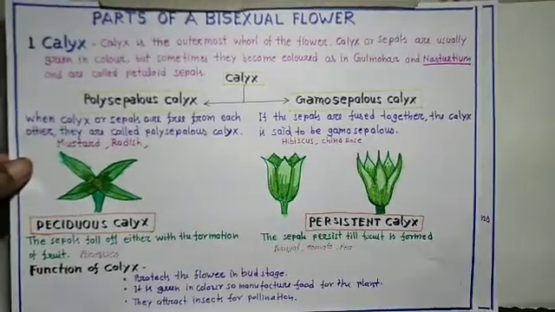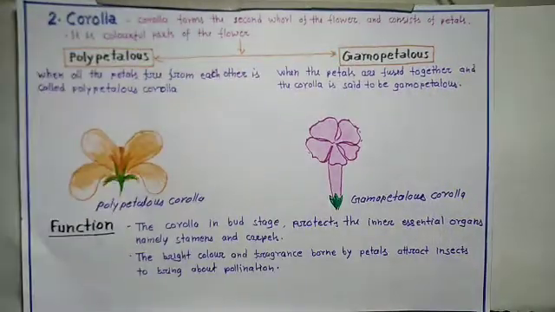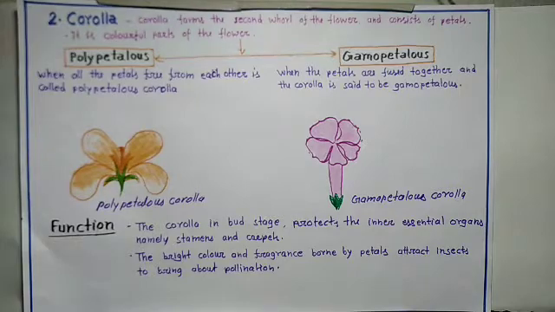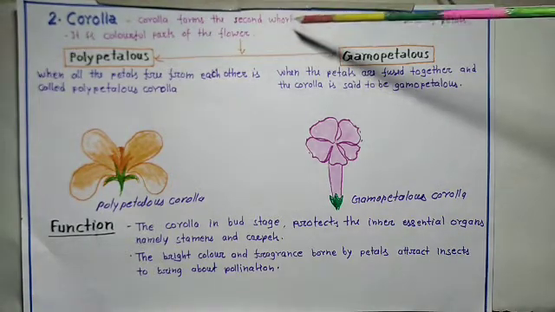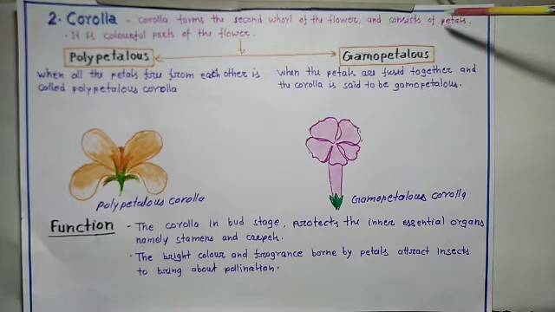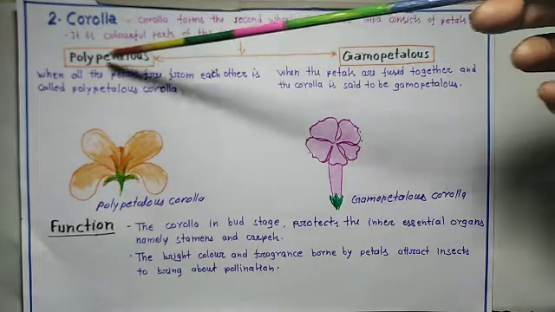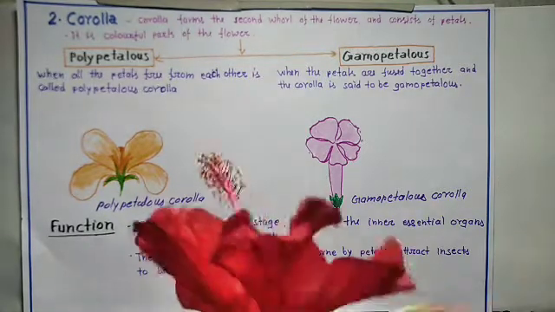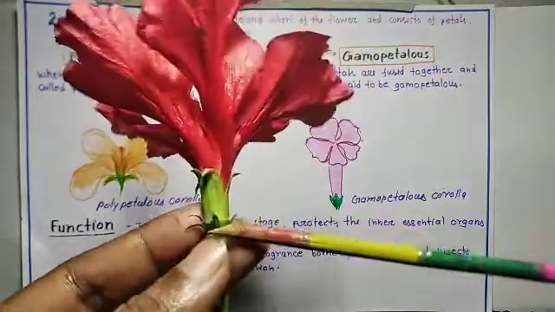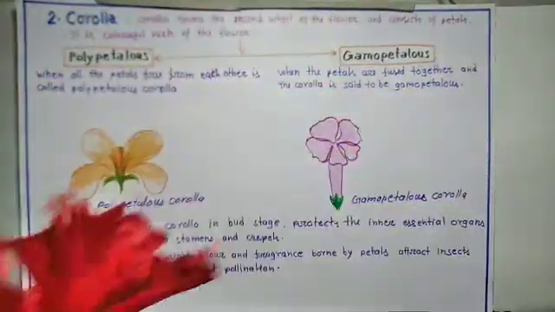Now second is corolla. Corolla forms the second whorl of the flower and consists of petals, the colorful parts of the flower. Okay. So guys, this is a corolla. This is a calyx, epicalyx, and this is a corolla.